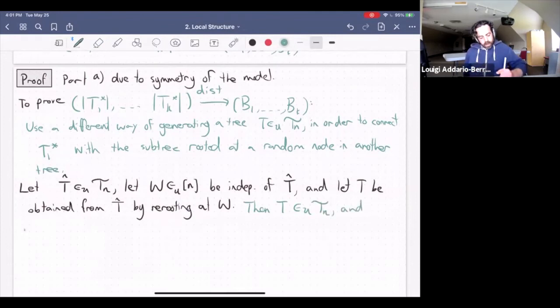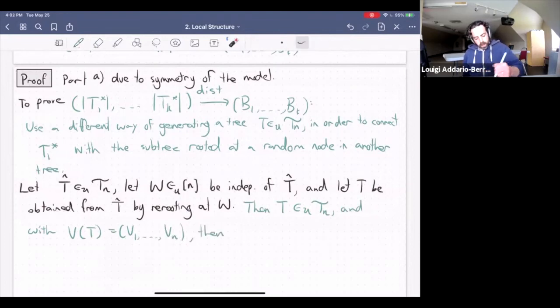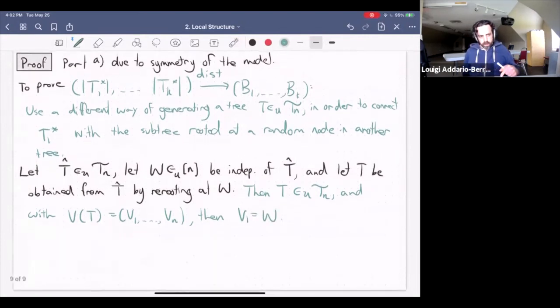But now if I look at the sequence V of T, remember when we apply the bijection, the first term in the sequence is always just the root of the tree. So now we have that V1 is equal to W. Let's think about what that means for the various subtrees that are involved.